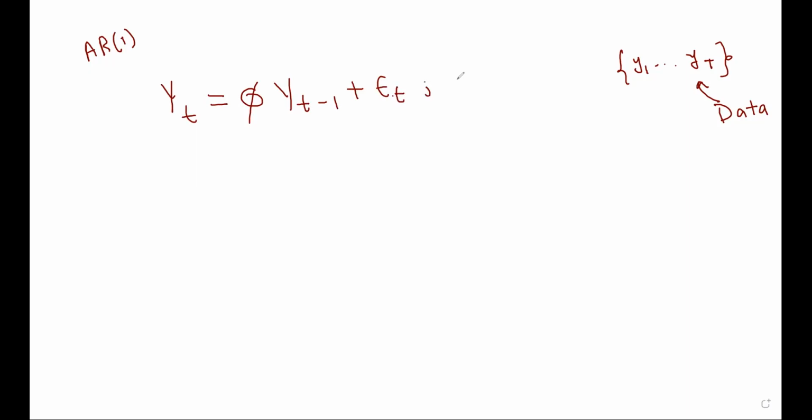And your epsilon t follows normal. So what did I just say? What is the joint density of this data happening?